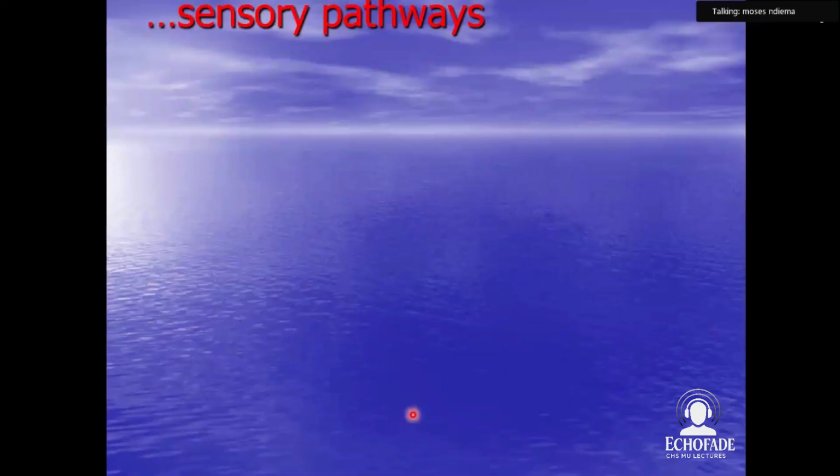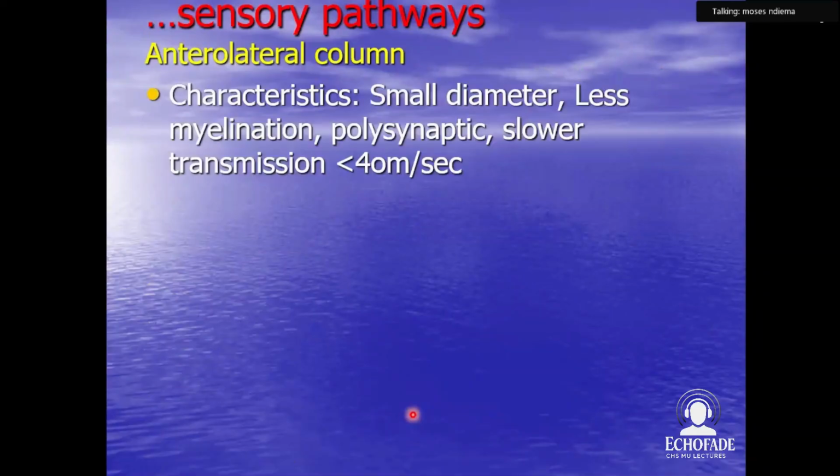However, we also have crude touch. That crude touch is in the anterolateral column, what we call the spinothalamic tract.